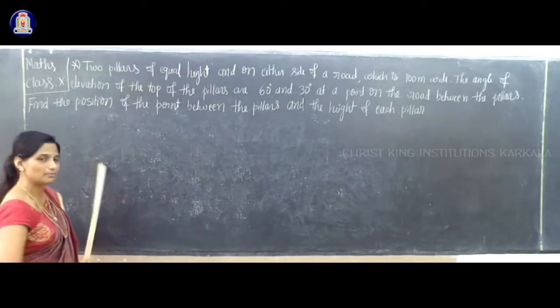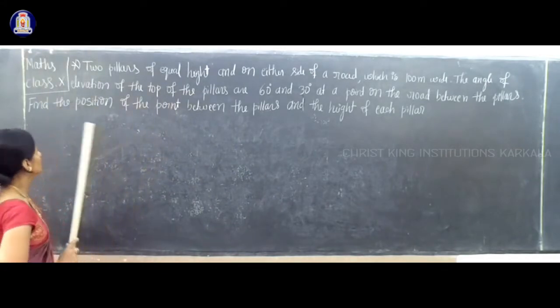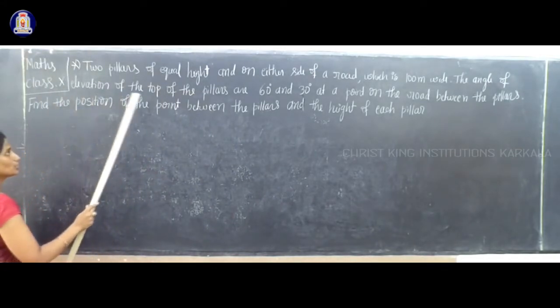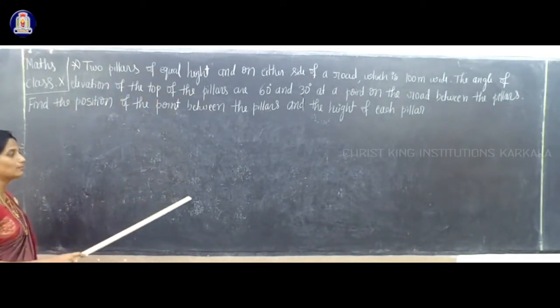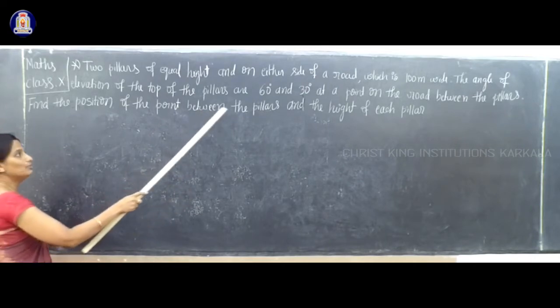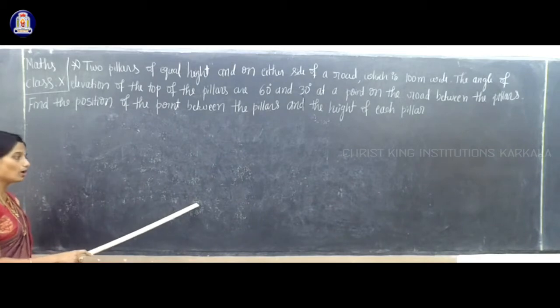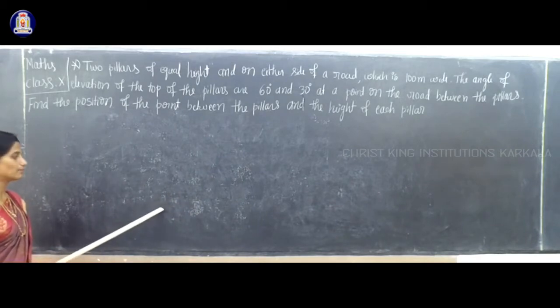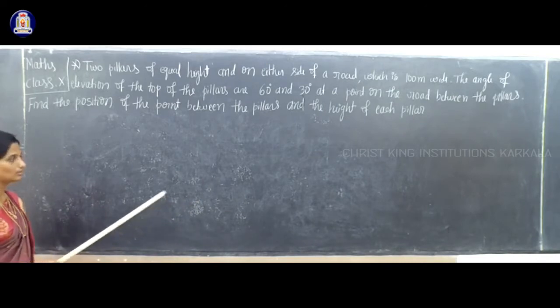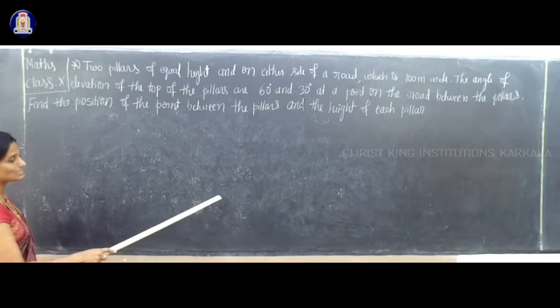I think you got the image, right? Yes. Now find the position of the point between the pillars. That means at what distance the point is from the first pillar, and at what distance the point is from the second pillar.